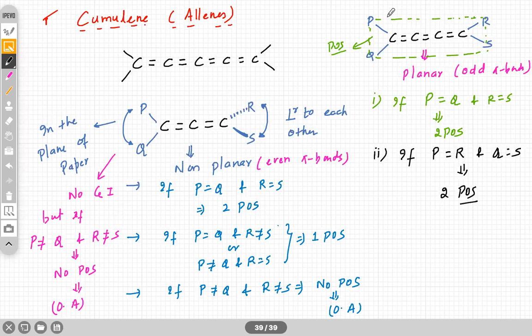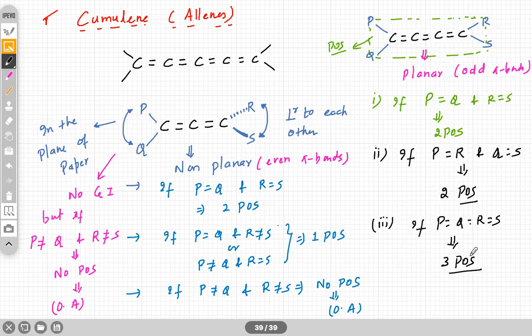One is this and another one is this. Third one, if all four are equal, P equals Q equals R equals S, we have one is this, another one is this, and one plane we have already here. So it is three POS possible here.